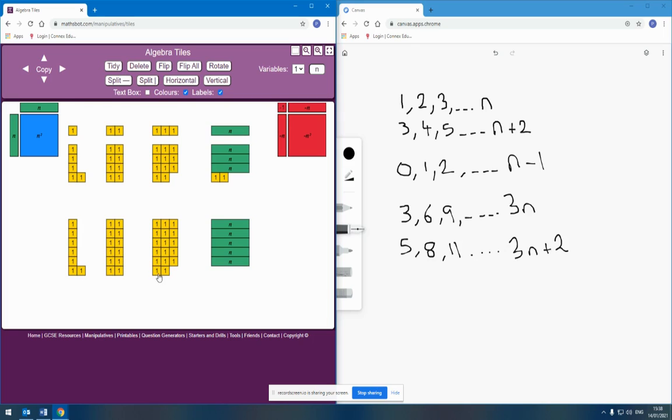And then I can see that there's an extra bit underneath, which once again is my plus 2. So this sequence must have the nth term 5n plus 2.